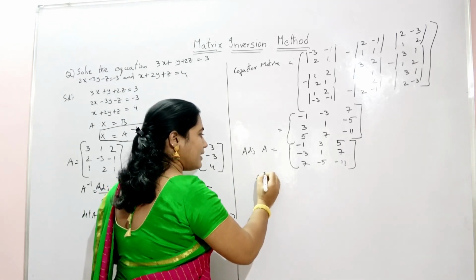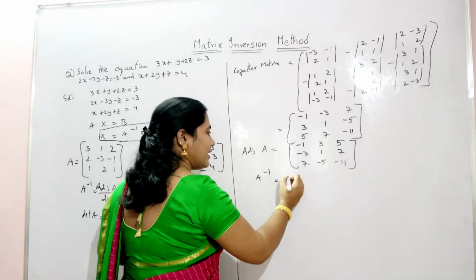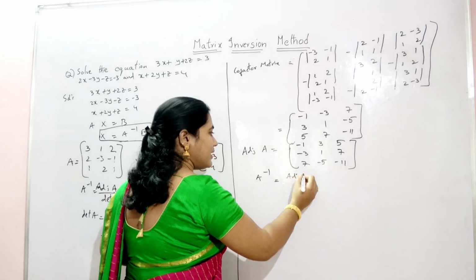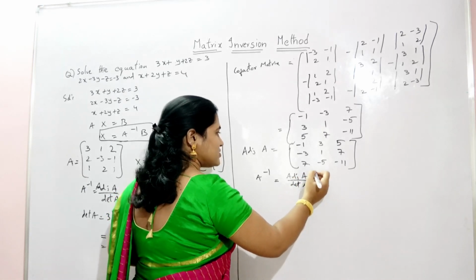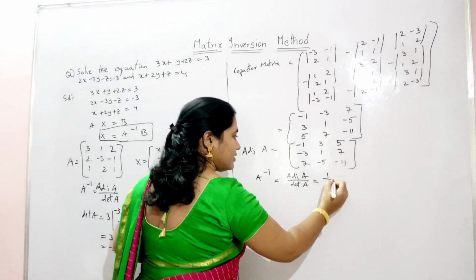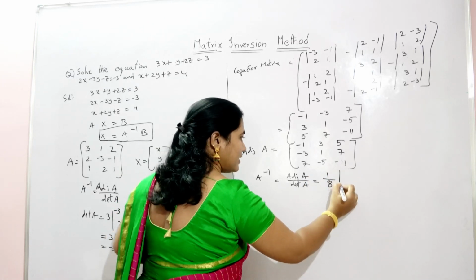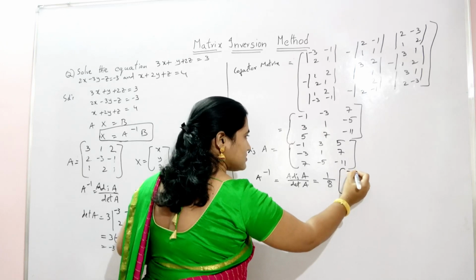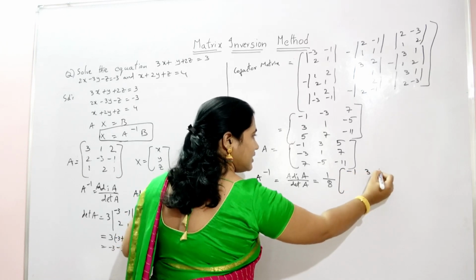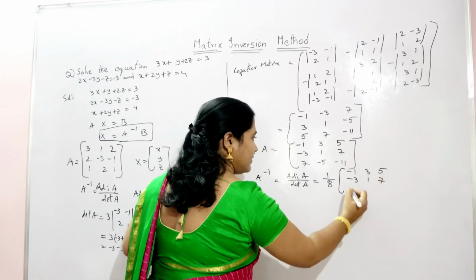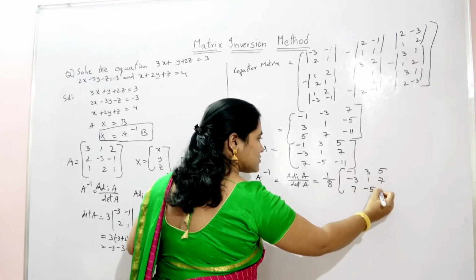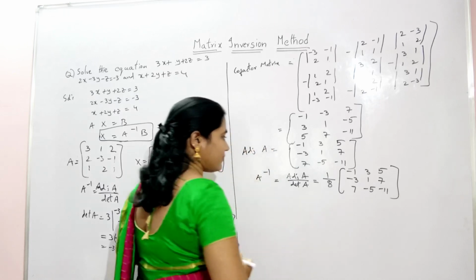Then A inverse is adjoint A by determinant A. So the determinant factor is 1 by 8 and the adjoint matrix is -1, 3, 5, -3, 1, 7, 7, -5, -11.